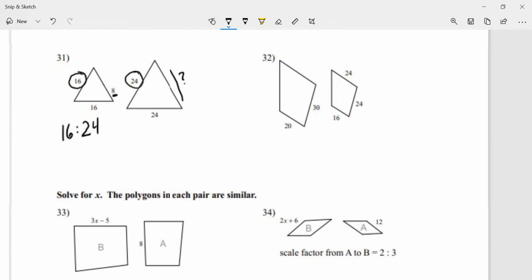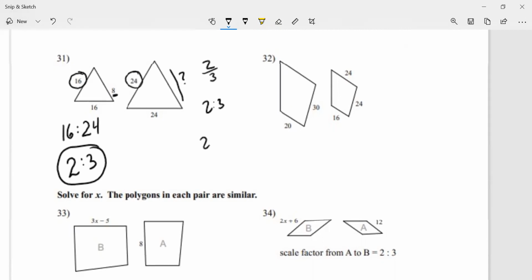In this case, let me divide each of my numbers by 8. So my reduced answer will be 2 colon 3. So 2 to 3. Again, mathematically speaking, you could write this as 2 over 3, 2 colon 3, or 2 to 3. Those technically are correct ways, but the one I'm going to be using is the one that uses the 2 dots, the colon.